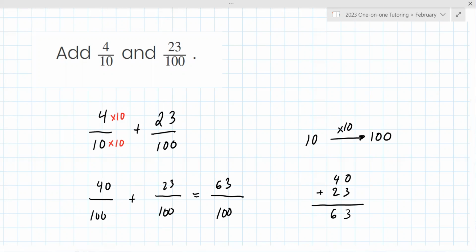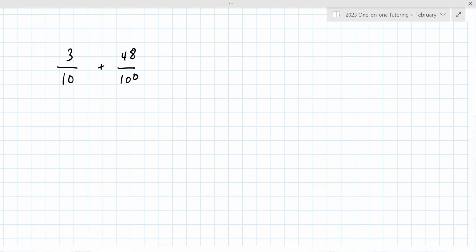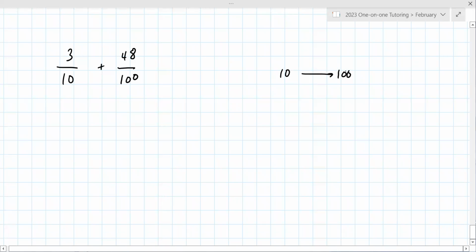All right, so let's try another problem here. Let's say we want to add 3/10 plus 48 over 100ths. Just like the previous problem, can you go from 10 to 100?